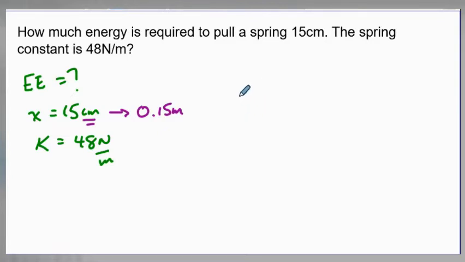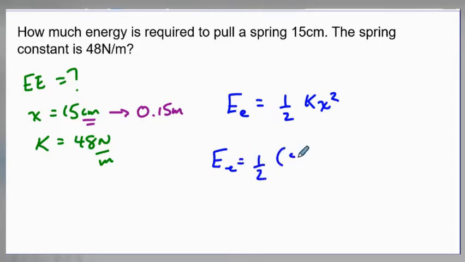Our formula, our energy, I'll write it this way this time, equals 1/2 kx squared. So it's going to be 1/2 multiplied by 48 newtons per meter multiplied by 0.15 meters squared.